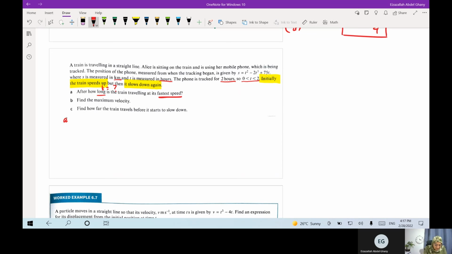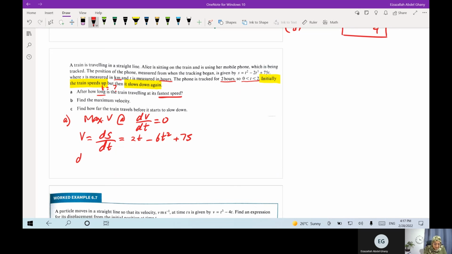For question A, maximum speed or maximum v occurs when the first derivative of v with respect to t equals 0. But till now, we don't have v. We'll find it. v is the first derivative of displacement with respect to time, which is power goes down, divided by 1. It will be 2t minus 6t squared plus 75.